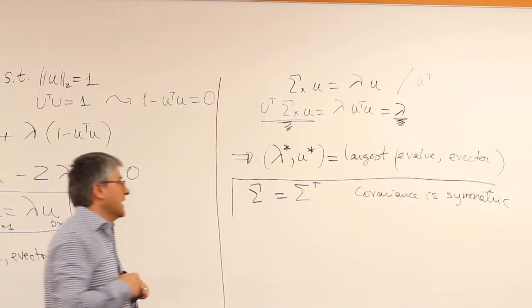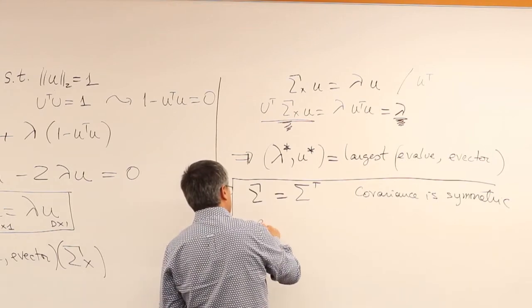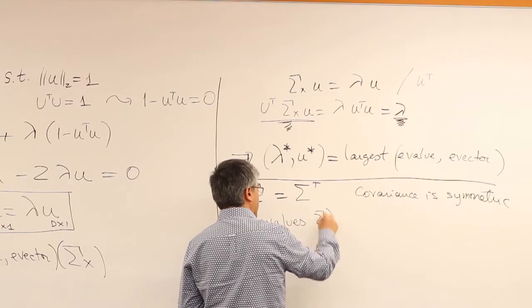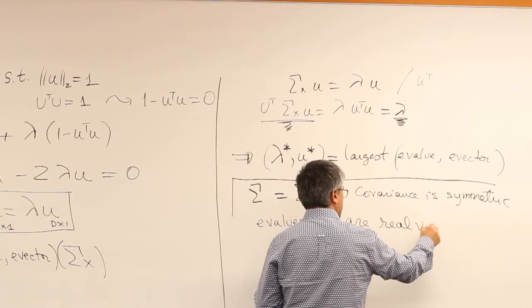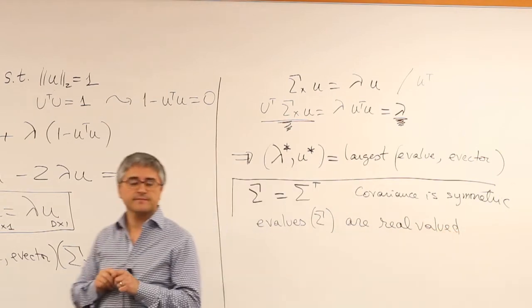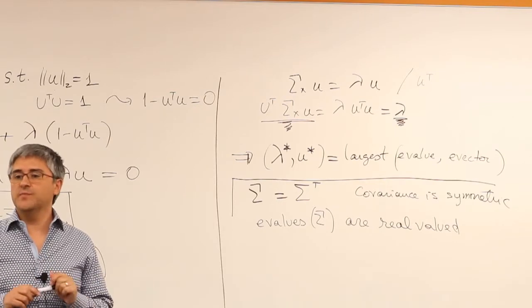And once you have something that is symmetric, the eigenvalues of sigma are always real valued. This is true for any symmetric matrix.